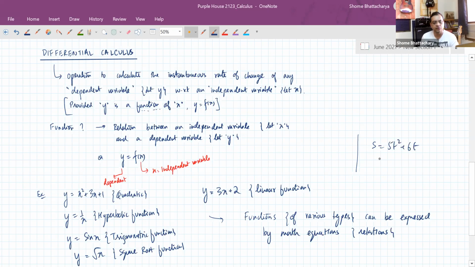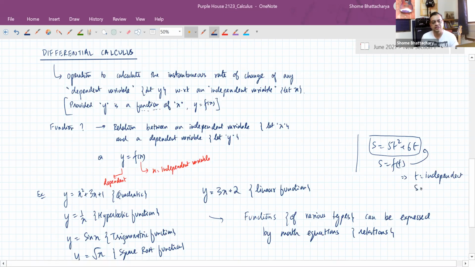So this is representing now s as a function of time, or t. So this is indicating that t is the independent variable in this case, and s is the dependent variable. But the standard variable names that we use are y and x, like this.